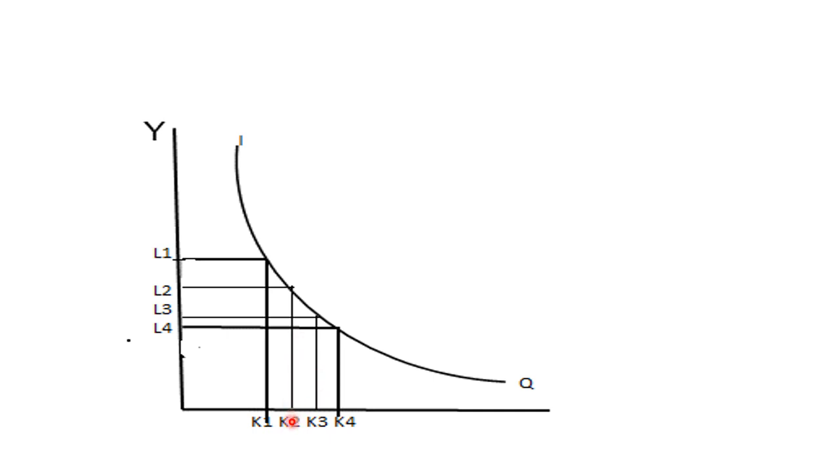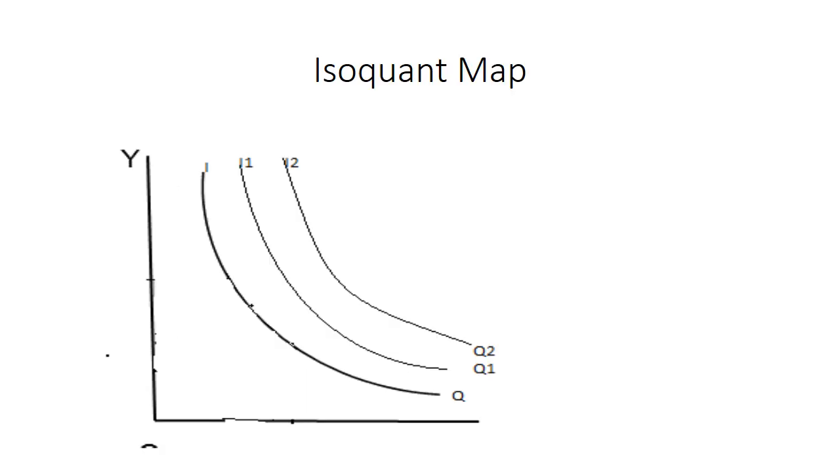Now in order to get one more unit of capital, K2, the producer has to sacrifice labor, moving from L1 to L2. Now this gap on the y-axis goes on diminishing as more and more capital is used. So, diminishing marginal rate of substitution.